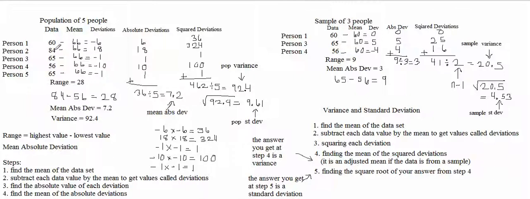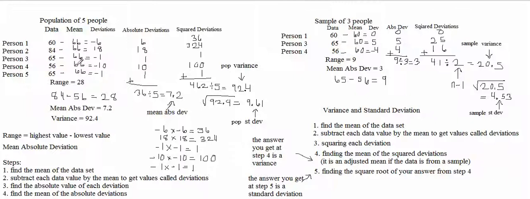Let's think about that. The mean was 66. So this number is 6 away from the mean. It's 6 below. This number right here was 18 above the mean. It's 18 above the mean of 66. This number, the 56, was 10 below the mean of 66.